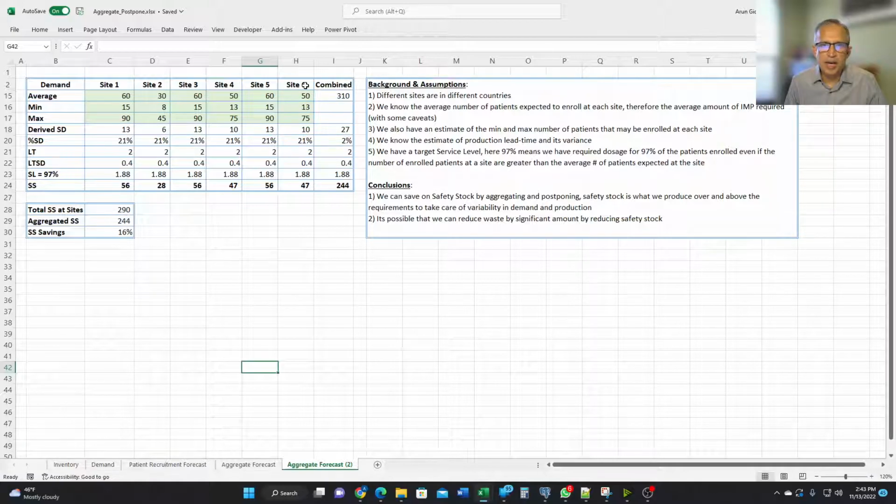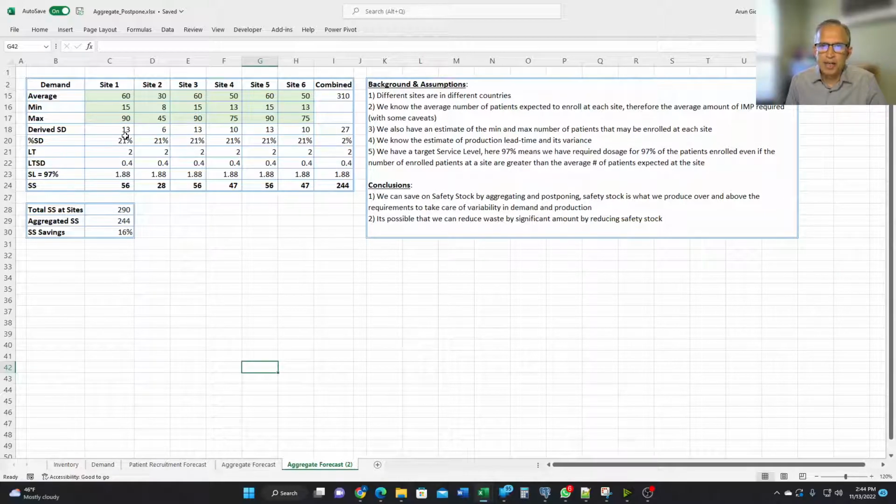We know the average number of patients expected to enroll at each site, and therefore the average amount of IMP required, with some caveats, which I will not go into details here. We also have an estimate of the minimum number of patients that may be enrolled at a site and a maximum number. We also know the estimate of the production lead time and its variance.